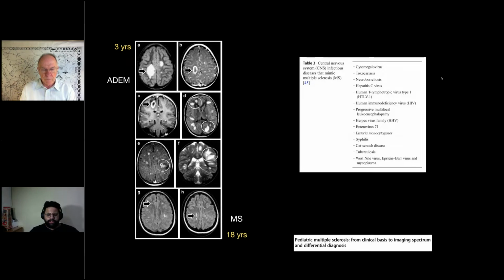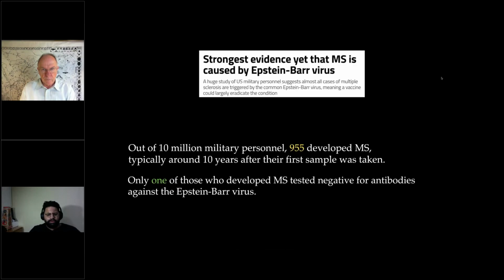I was just asking because this just came out today, citing a strong correlation for Epstein-Barr virus causing MS. Out of 955 patients, they found only one patient without an antibody for Epstein-Barr virus. But this is an antibody they did, right? So it's common in the normal population also.